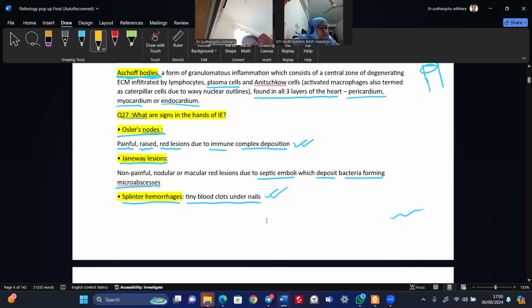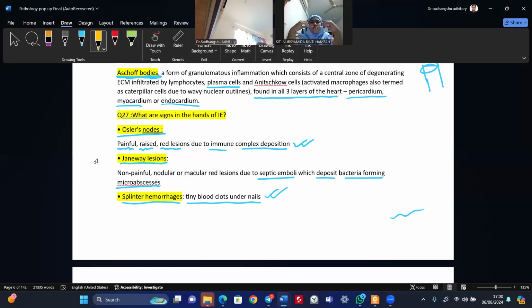Osler nodes are painful raised red lesions due to immune complex deposition.